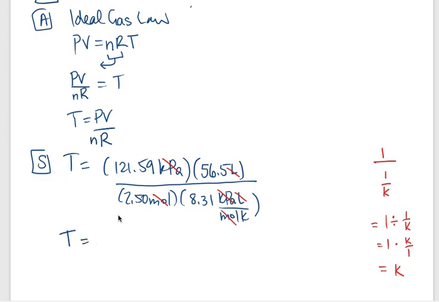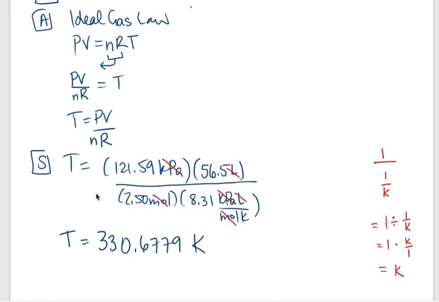All right, so 121, we're just multiplying out now, times 56.5 divided by 2.5 and 8.31 at the bottom. You should end up with a number like that, in kelvins, and then we're checking our sig figs here.